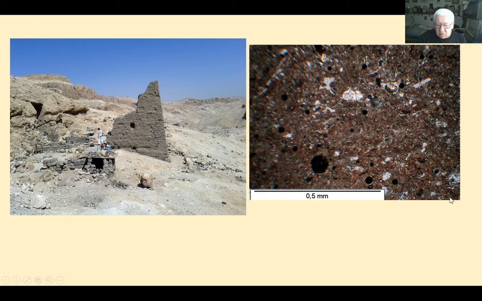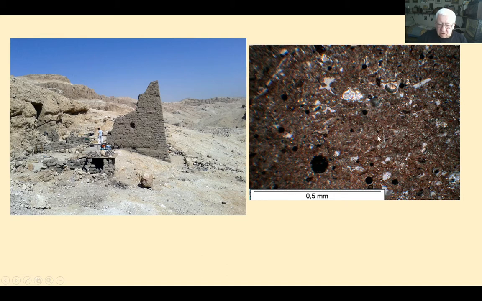And under the microscope, when we observe the thin section, it looked like this. The wall is covered with plaster, and there is differentiation of bricks in various parts of this construction, but one example is presented here.